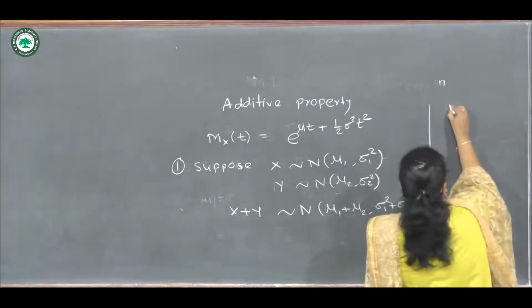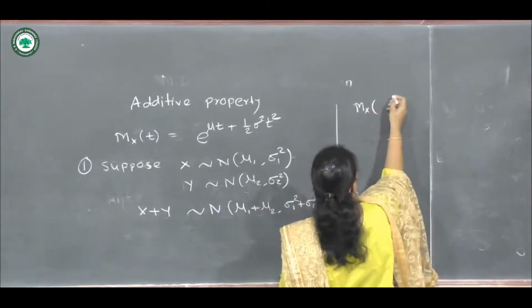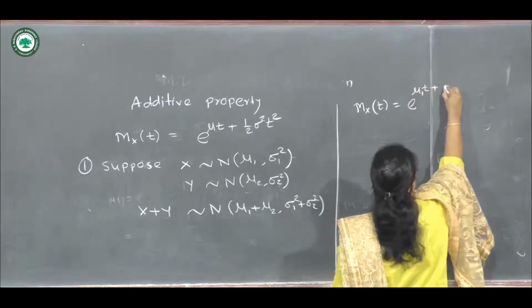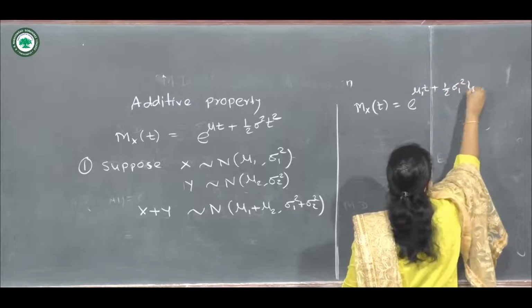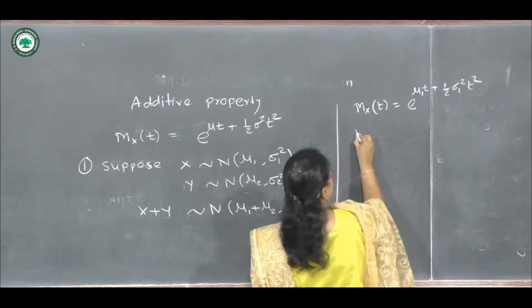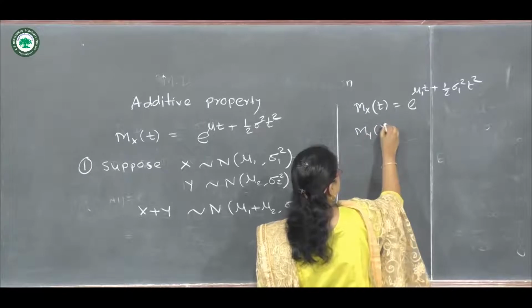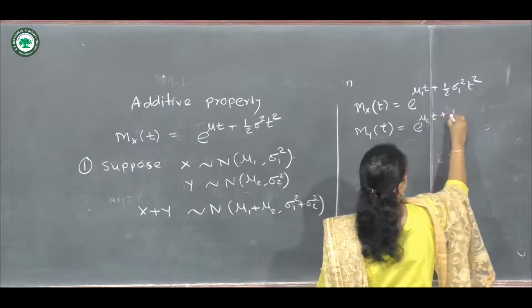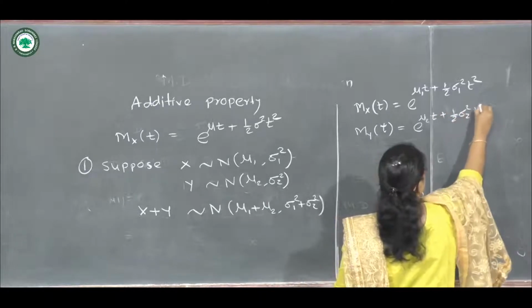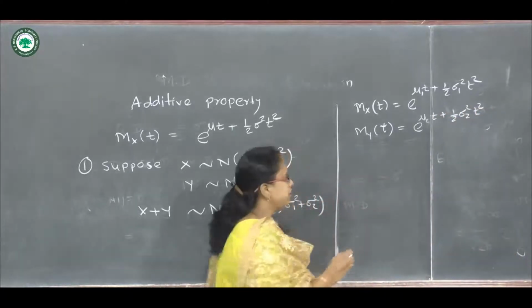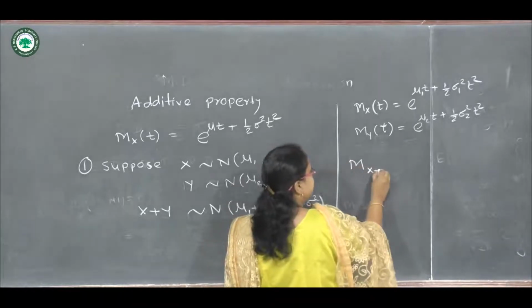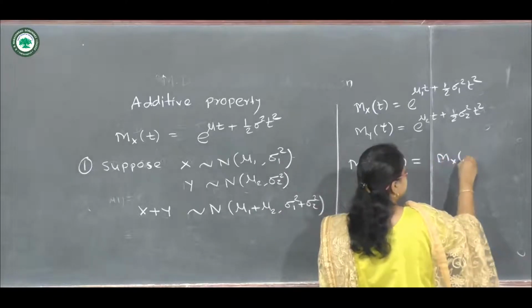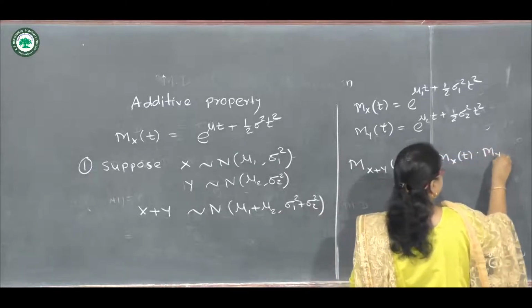We can write MGF of x as e raised to mu1 t plus half sigma 1 square t square. Similarly, we can write MGF of y. Now we will have property of MGF. So M_{X+Y}(t) equals M_X(t) into M_Y(t).